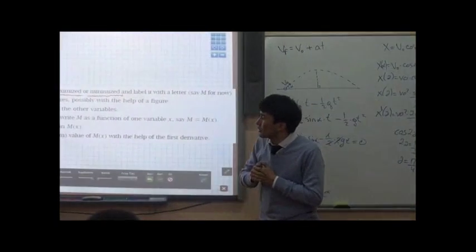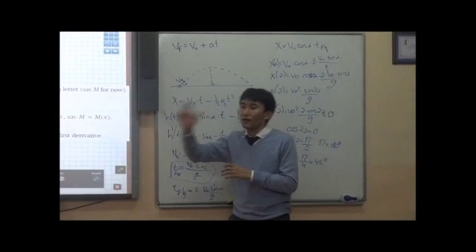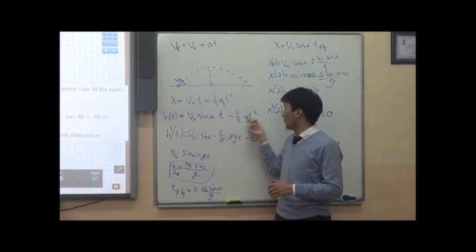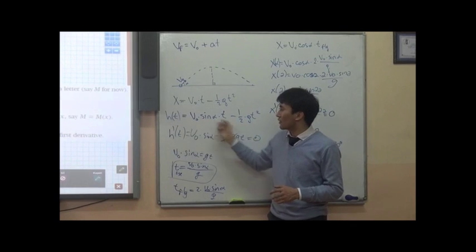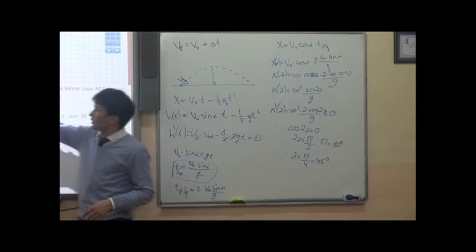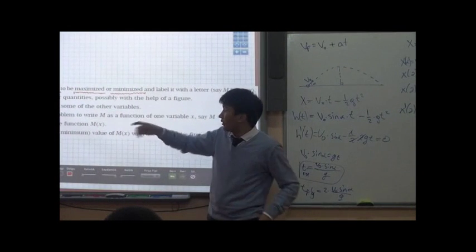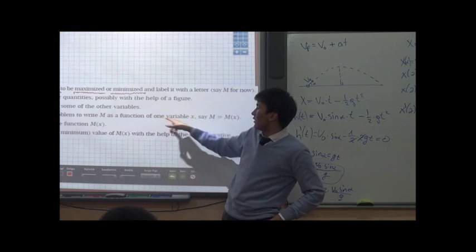And express M in terms of other variables. Write H in terms of other variables, T in here, for example. Only here one variable we have, T. And we can express the quantity in terms of more than one variable. The fourth one: use the data in the problem to write M as a function of one variable.